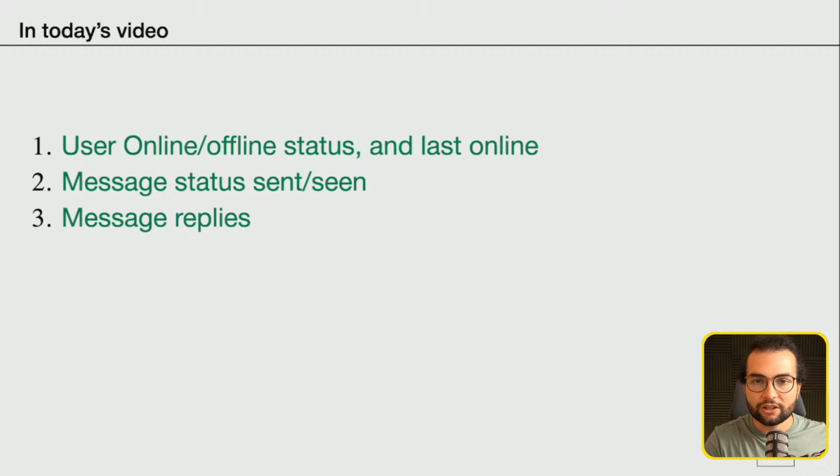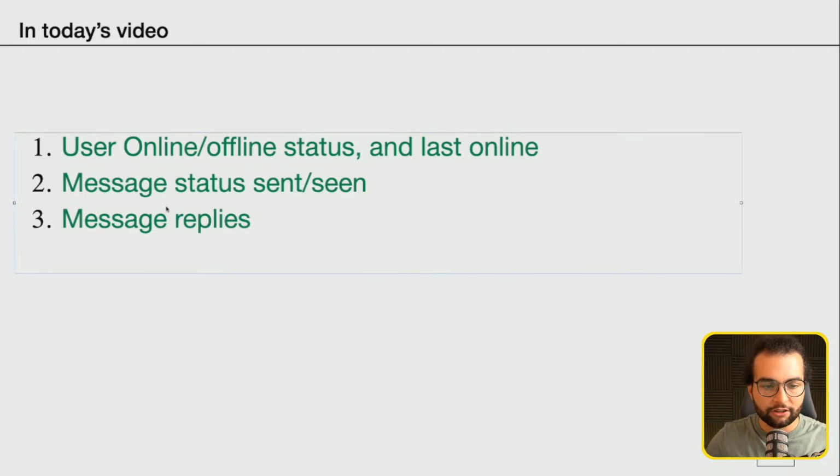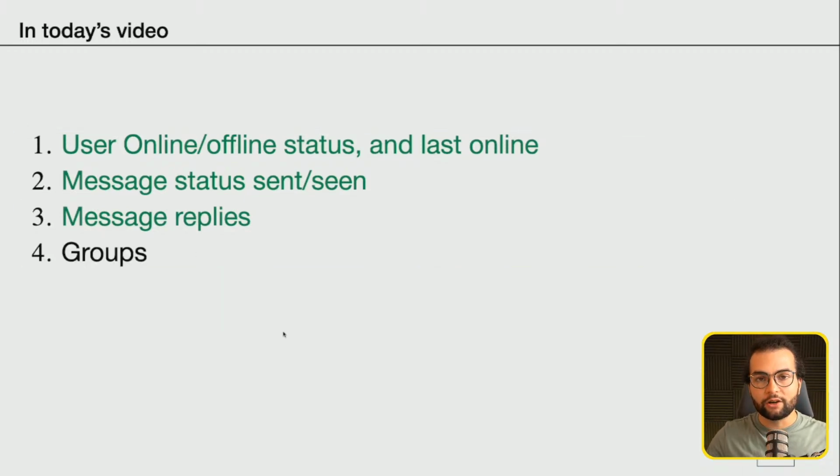In the first video, if you remember, we implemented some extra features like user status online, offline, when he was last seen online. Also message status for sent, delivered, and read. And also message replies. In today's video, we are starting everything with groups.